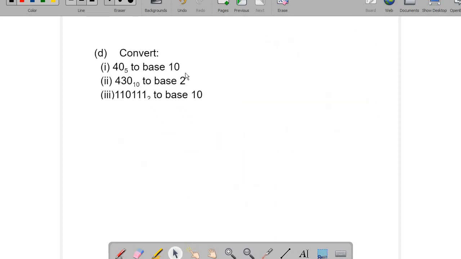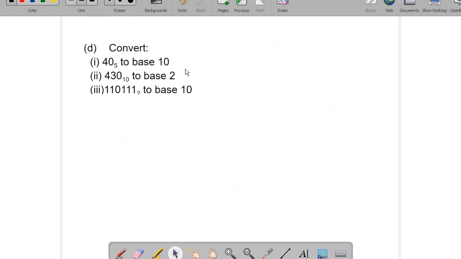All right, let's talk about how we convert from one number-based system to the other. All right, let's say we have 40, I almost said 40, 40 base 5 to base 10. Now, when you want to convert to base 10, you're going to need the powers of 5.